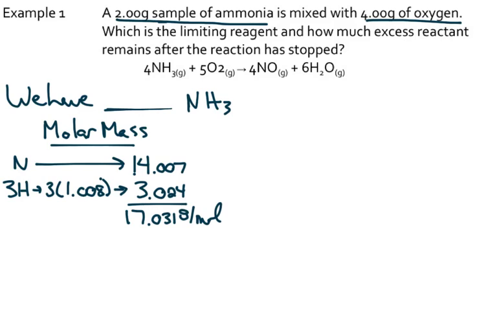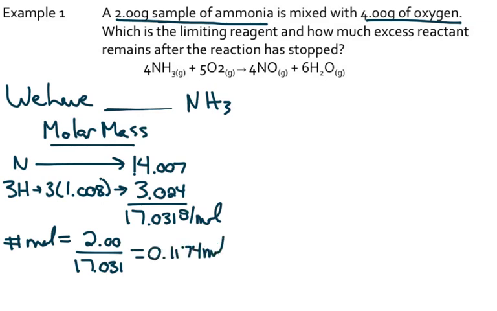Going ahead now and finding how many moles of ammonia we have. Same calculation as it's always been, mass divided by molar mass, so 2.00 grams divided by 17.031, which means we have 0.1174 moles of NH3.